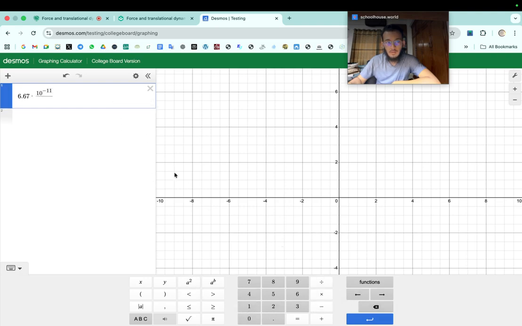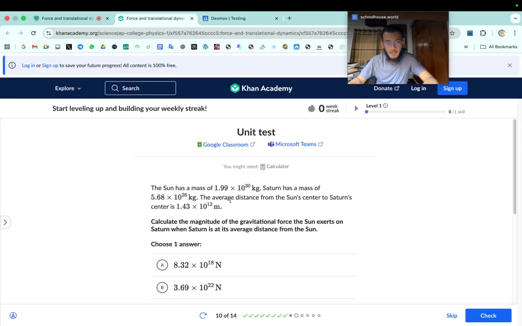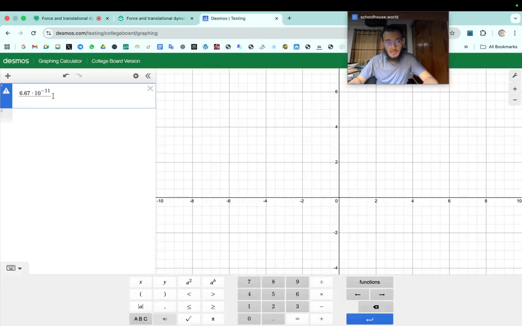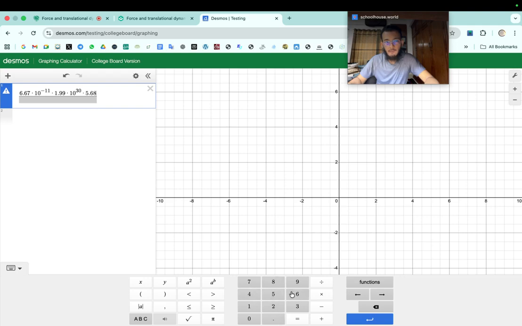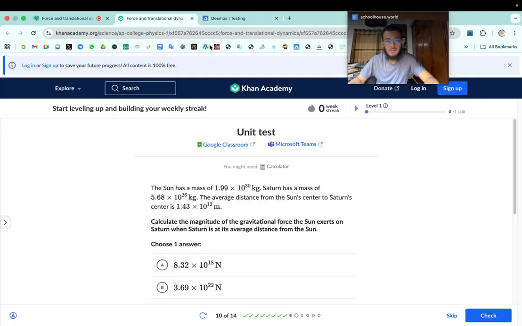So G times M, the mass of the sun, which is 1.99 times 10 to the power 30, times the mass of Saturn, 5.68 times 10 to the power 26, over r squared.